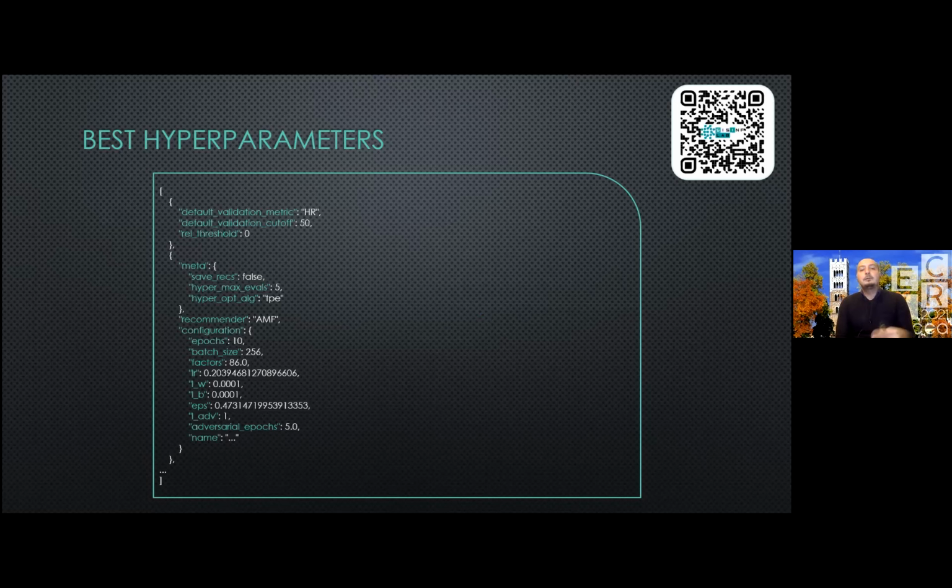And here we can also see the characteristics of the winning model among all the possible alternatives that Elliot has computed. We can see some specific values for the learning rate, the regularization part, and the adversarial part.